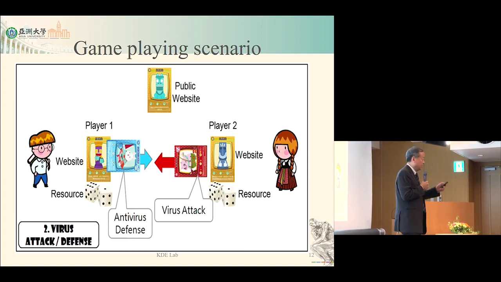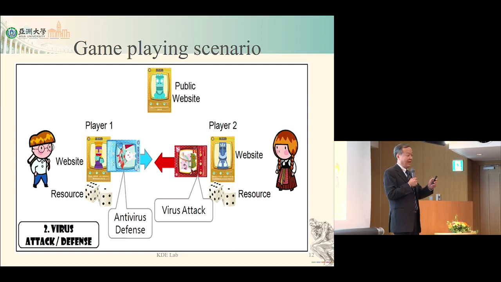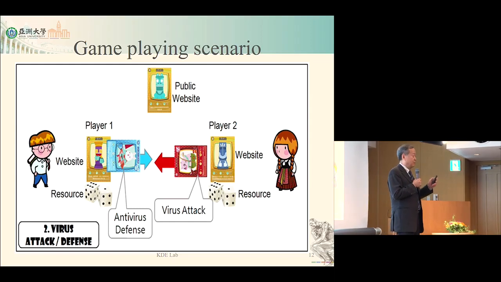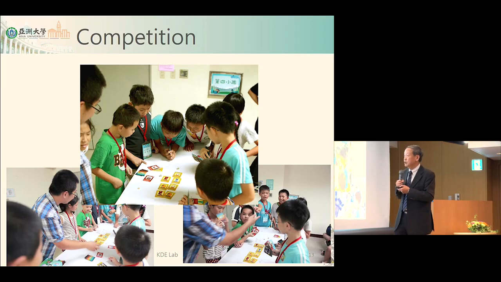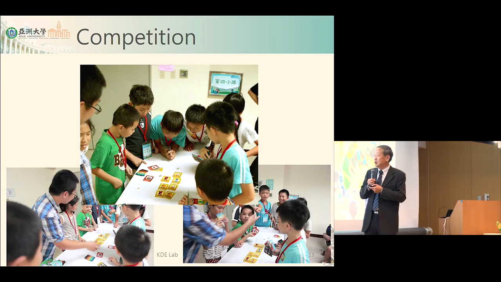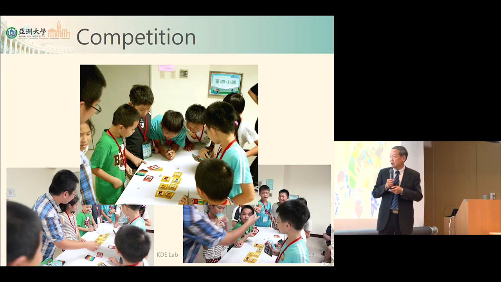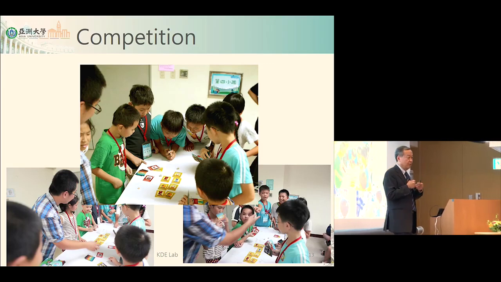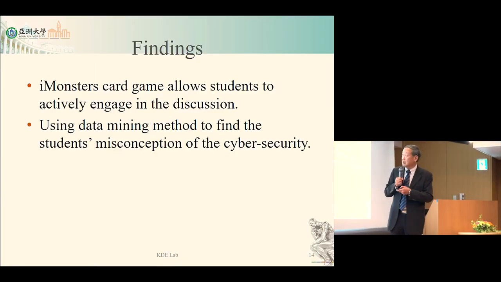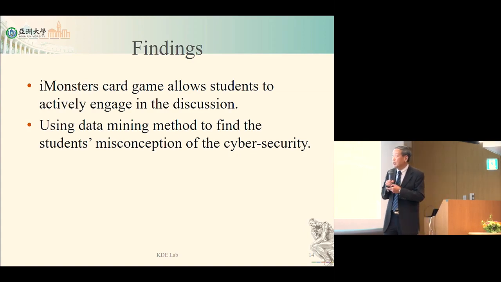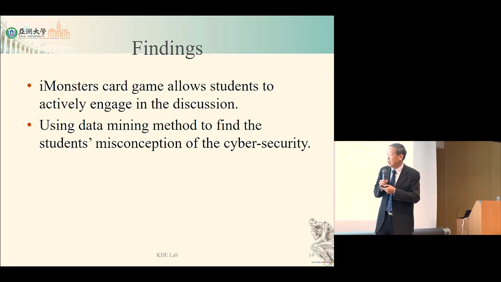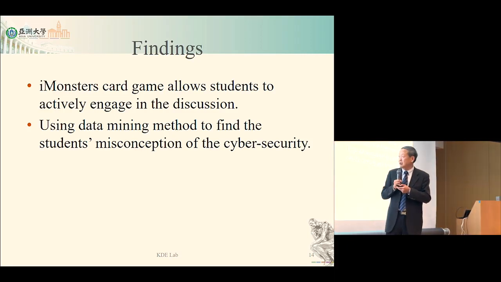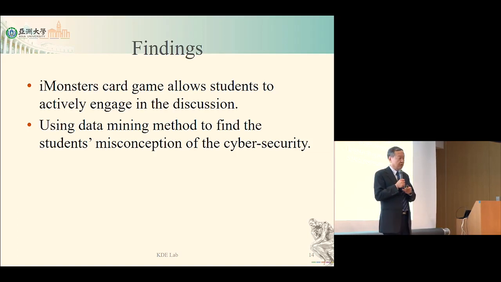It can take a composition, a combination attack, to represent the very sophisticated attacks in real-life cybersecurity issues. This picture shows our kids' summer camp. The kids are very happy to play this kind of game. Then I'd like to show the findings. We found that the iMonster card game allows students to actively engage in discussion.